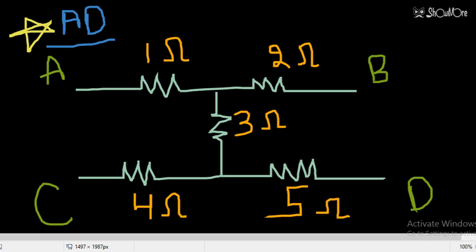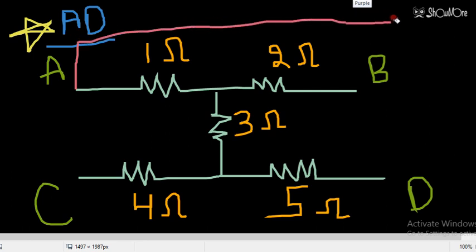So students, the simplest way is to connect the battery. Here you can see, when I have to find the resistance between A and D, I will connect a battery here. This is the positive terminal, this is the negative terminal.